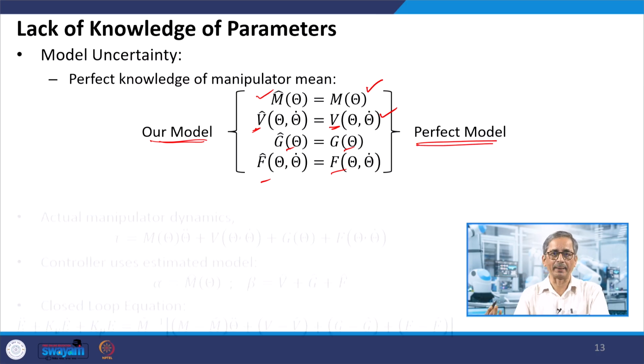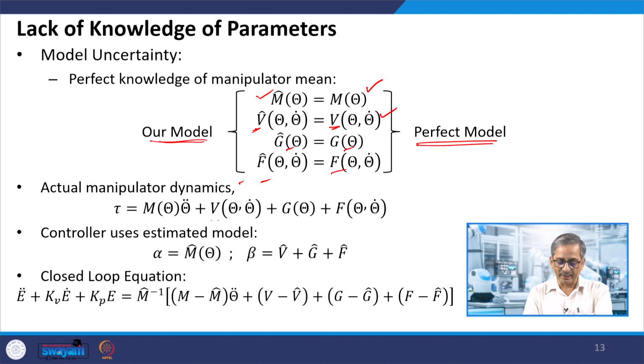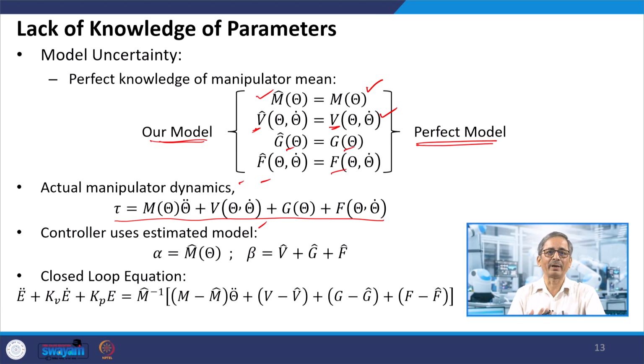The actual manipulator dynamic equation we are already aware of. The controller uses the approximate model, because for the controller the parameter values should be known by me. So what I know is M cap theta for the alpha, and these are for the beta.